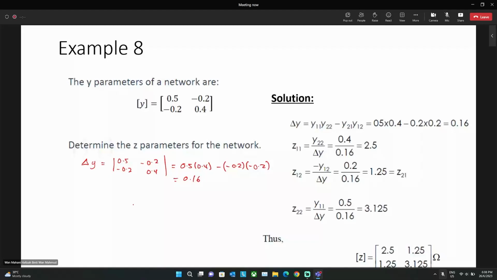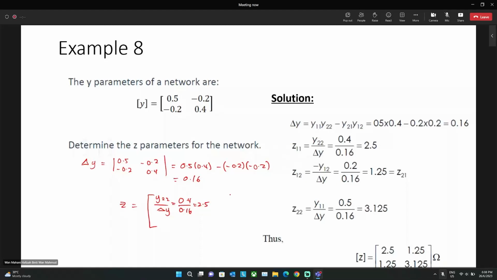So, Z11 dia adalah, tadi apa? Y22 bahagi dengan delta Y kan? So, you terus kira je guna equations ni. Y22 dia berapa? 0.4. 0.4 bahagi dengan 0.16, dapat 2.5 untuk Z11.